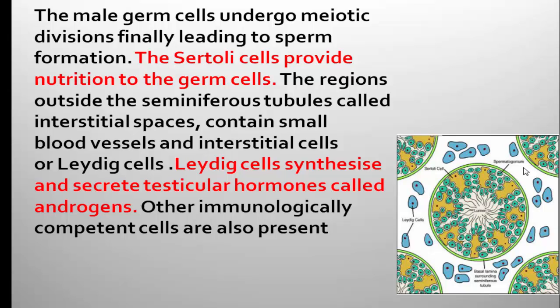The spermatogonium is the cell from which the male gametes, sperms, are produced. So let us go for the details.